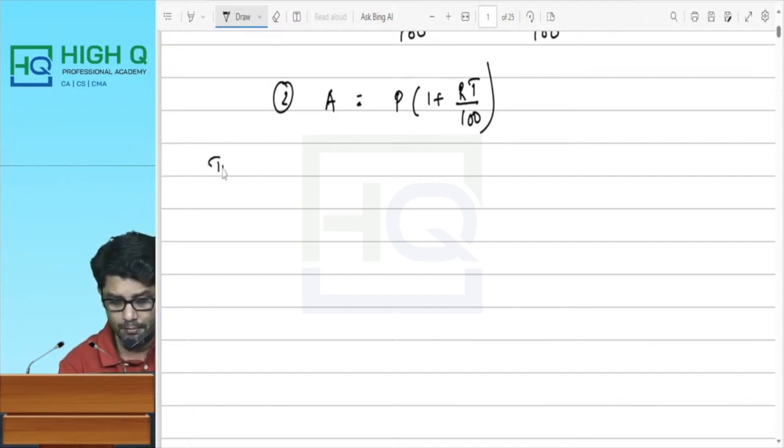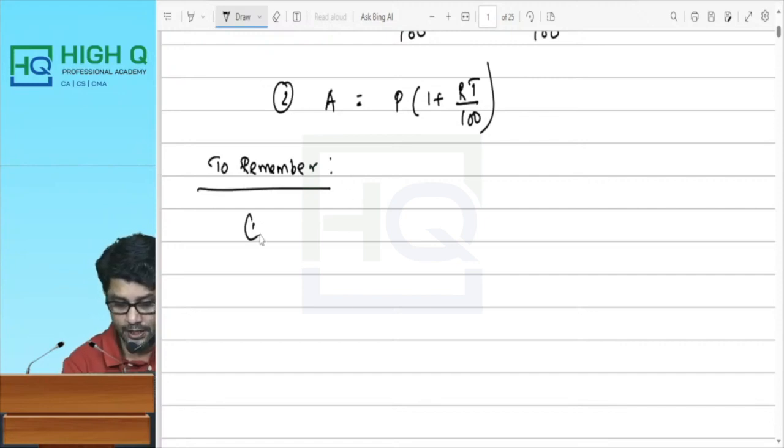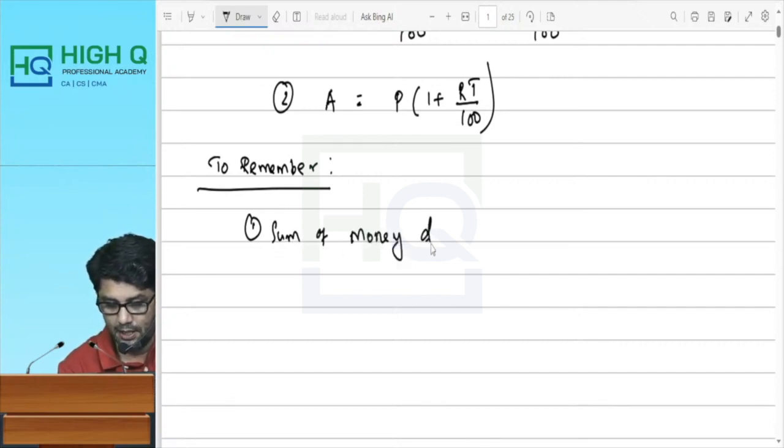Now, to remember from simple interest: a sum of money doubles itself in, what, my dear? The shortcut is 100 by R years.